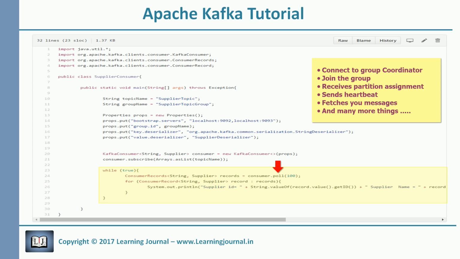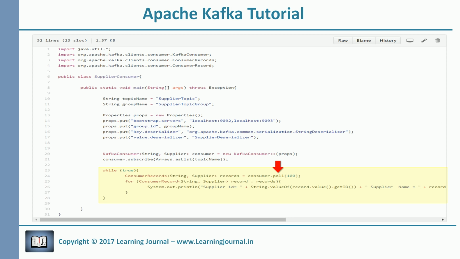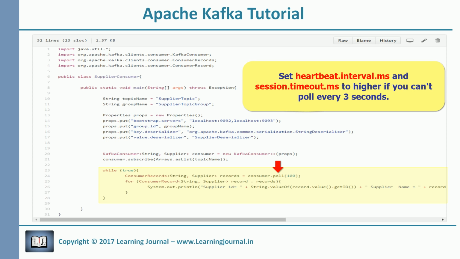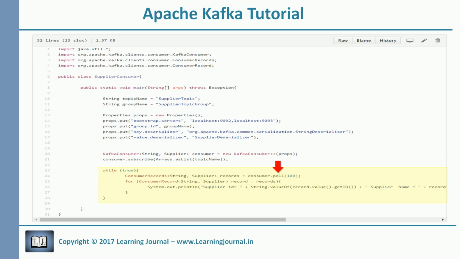Every time you call poll, it will send a heartbeat to group coordinator. So it is necessary that whatever you do in a consumer, it should be quick and efficient. If you don't poll for a while, the coordinator may assume that the consumer is dead and trigger a partition rebalance. So that's all about the poll method.